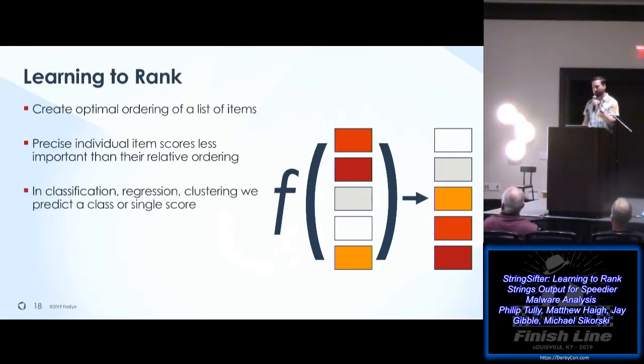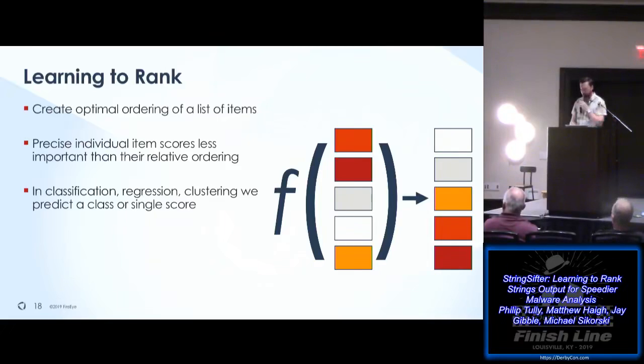And so the objective here is fundamentally different than some of your more classic tasks, especially when you think about information security, the way that we think about tasks like classification, where you're trying to predict something like, is this email ham or is it spam, or regression or clustering. Each of these tasks means that you're assigning a score or a label to one specific item.